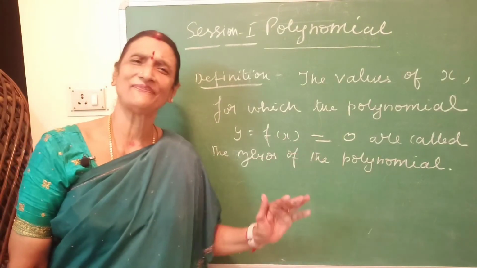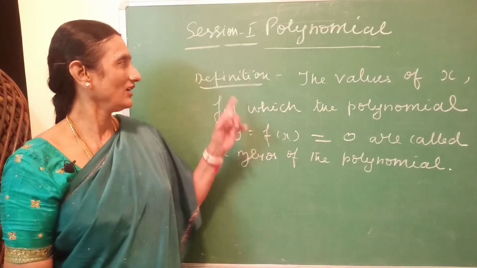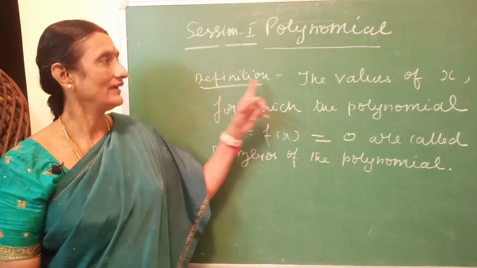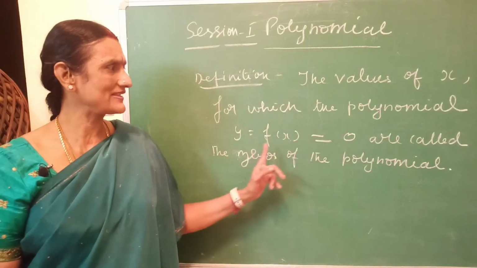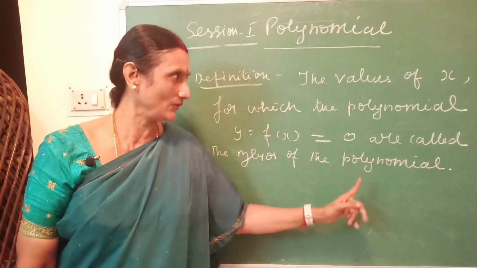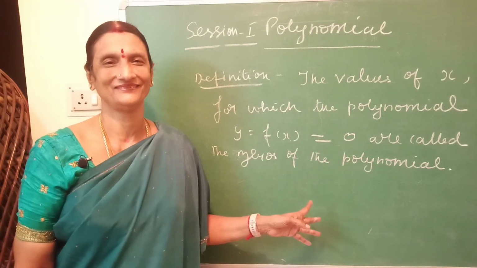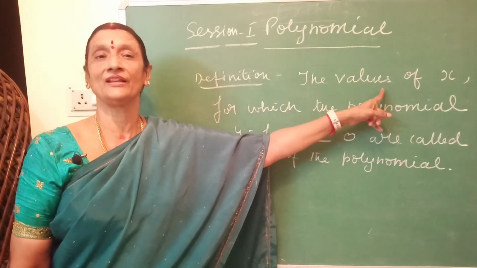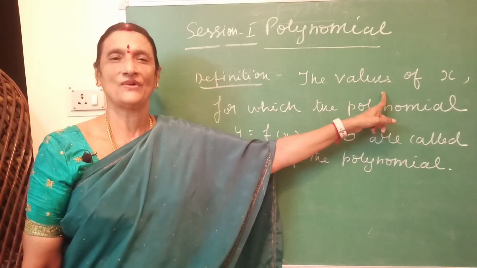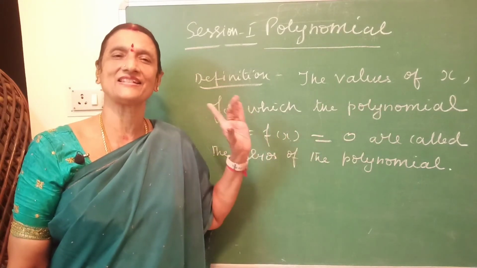Now, let us define what is the 0 of the polynomial. Go through this definition. The value of x for which the polynomial y is equal to f(x) is equal to 0 are called the zeros of the polynomial. Why have I written values in plural? For a linear polynomial, only one value is there, we can say it is unique.